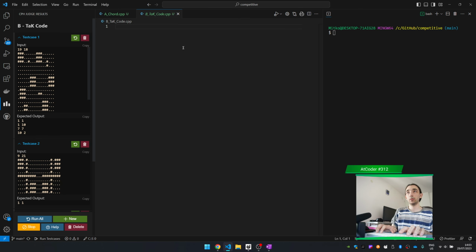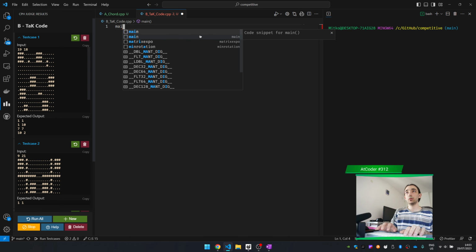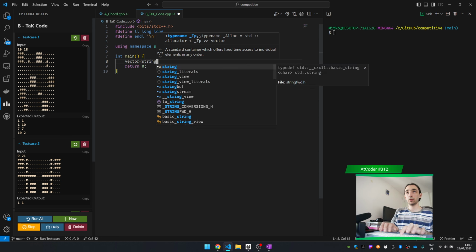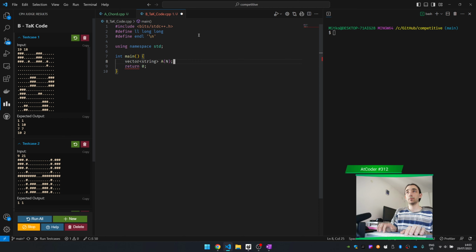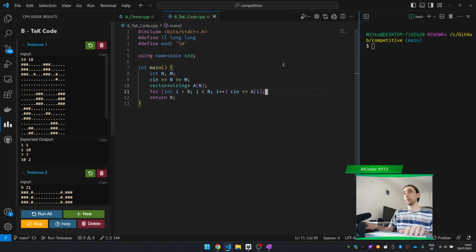Okay, just a simple brute force. Oops, not Rust. I don't care about Rust. There are no test cases, simple. I will have a vector of strings, then read these strings.